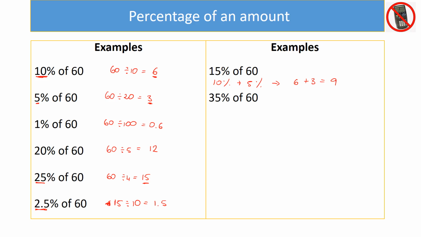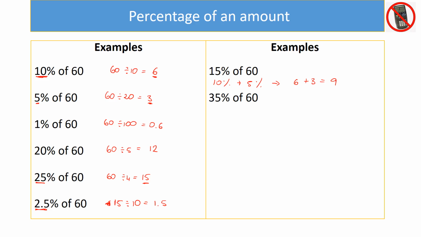If I want to work out 35% of 60, I can think about how I can make that number. So on the left, I already have 10%, I've got 20%, and I've got 5%. So when I add those numbers, I can work out what 35% of 60 is.